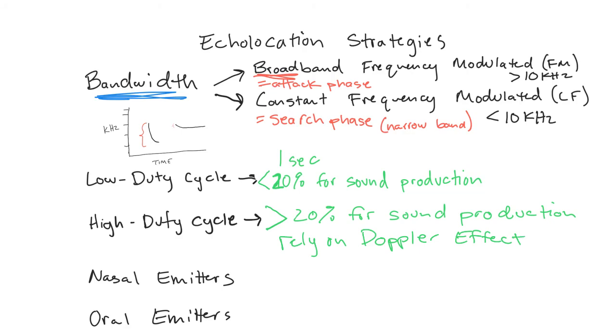So if you can interpret that change in sound according to the movement of you or the movement of whatever you're trying to capture, you can use the Doppler effect for location. But generally, this isn't very good for very small things that you need to locate and that are moving. So these high duty cycle bats mostly hunt prey that don't move very much.